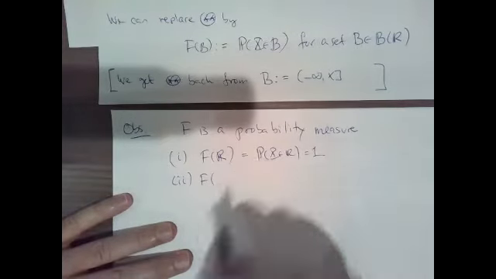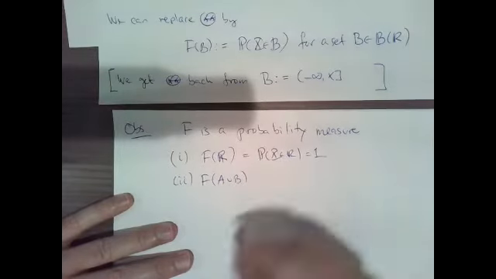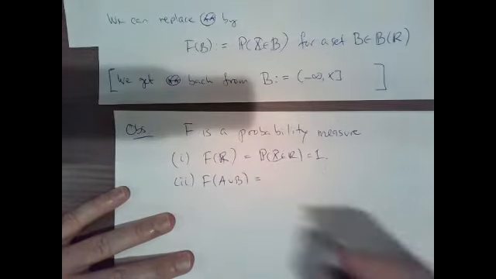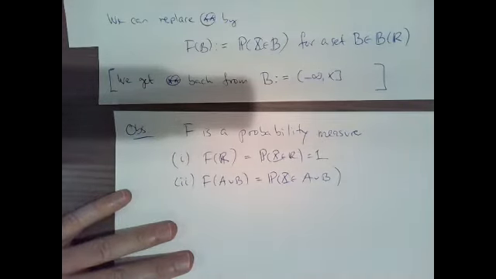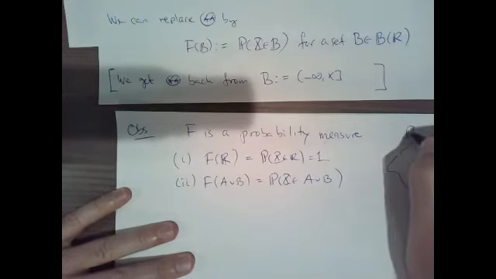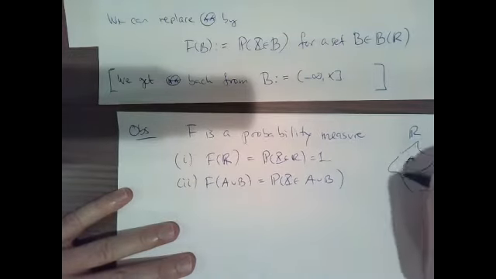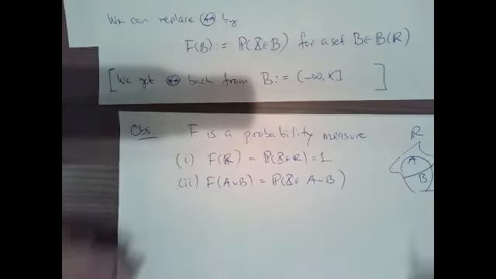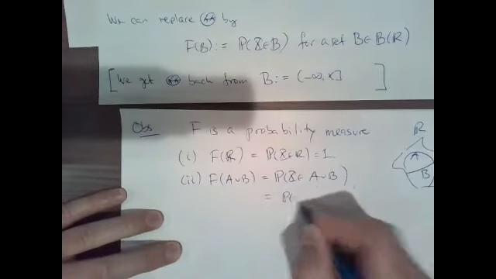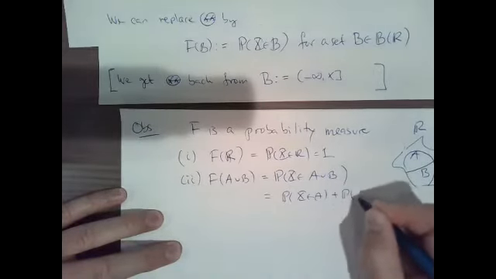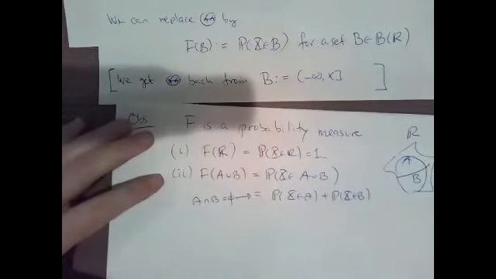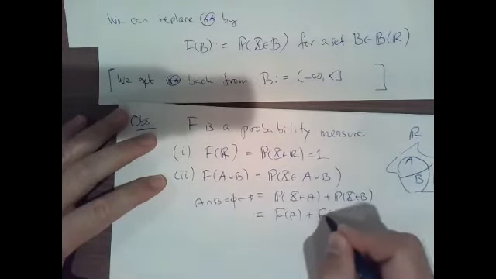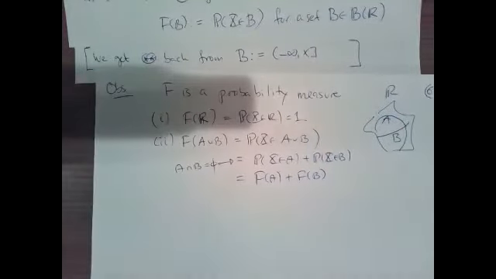If I look at F of A union B, A and B are disjoint, this would be the probability that X belongs to A union B. This here is my picture of R. I have A here and I have B here. Don't mean to indicate that they take up all the space, but I have 2 disjoint sets. What is the probability of being in a union? Well, this is exactly the probability that X is in A plus the probability that X is in B. This is where I use that A intersection B is empty. And then I get that this is F of A plus F of B. This can be extended to countable unions as well. But what it means is that F is indeed a probability measure.